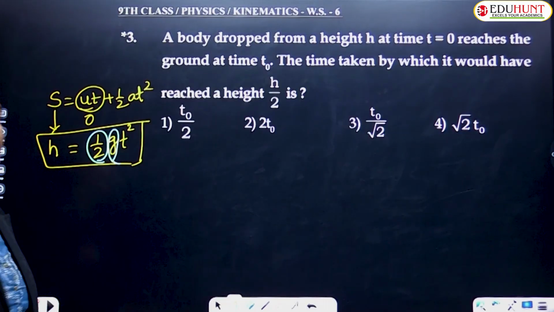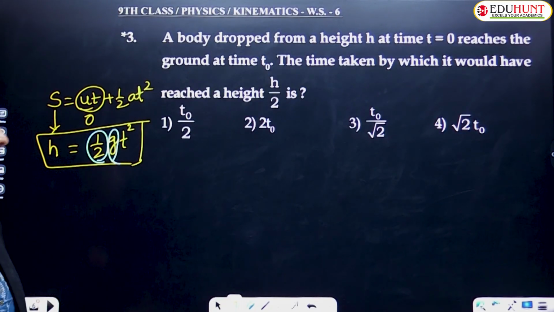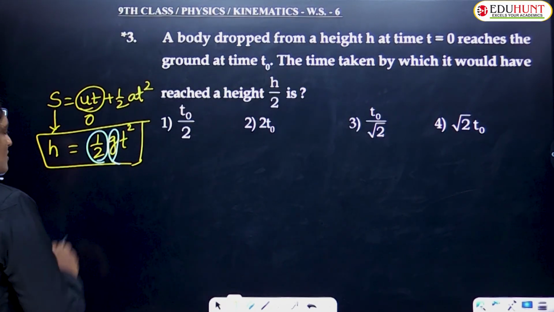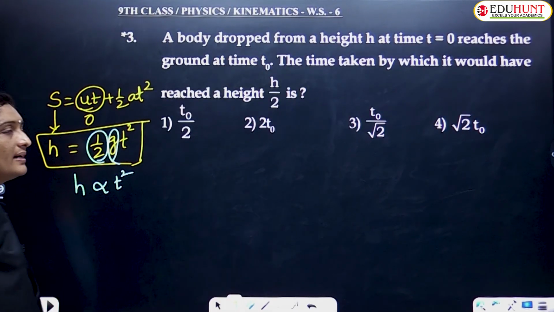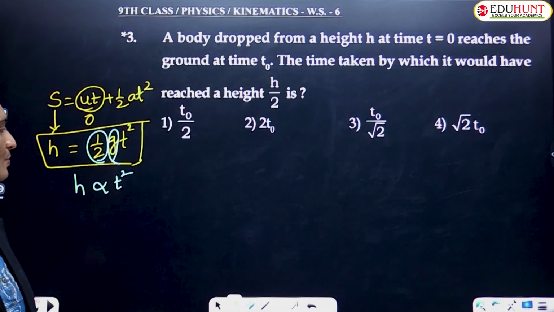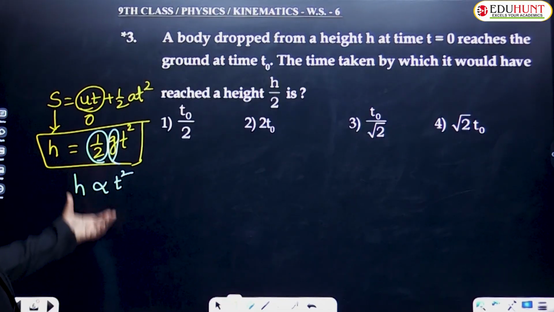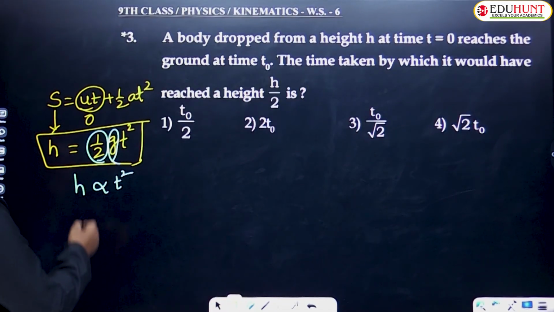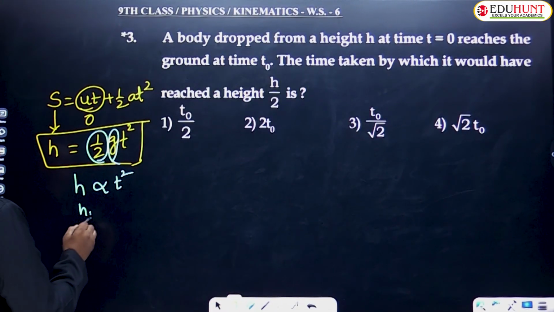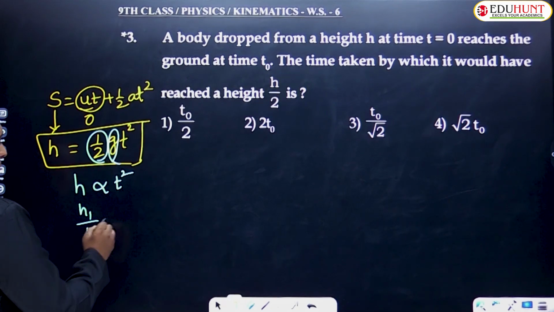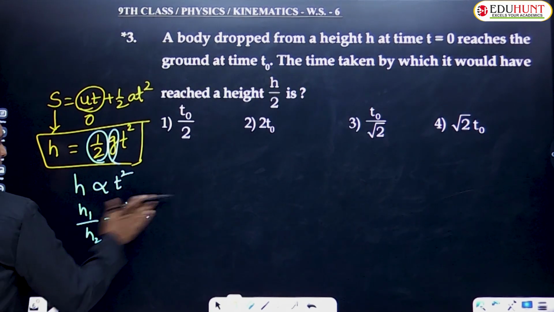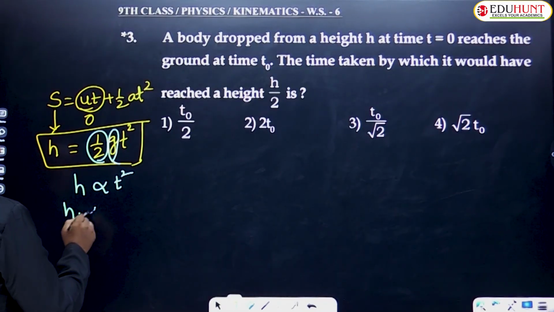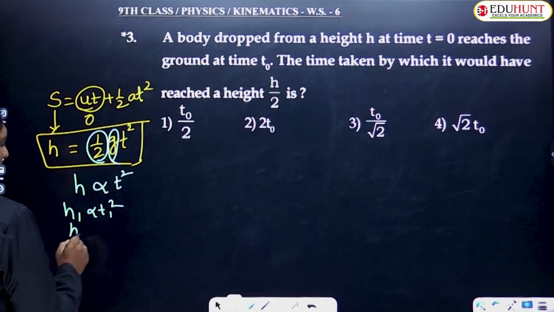A minus b whole square can be written as a square minus 2ab plus b square. A square means n square, minus 2ab, 2 into n into 2, that is 4n, plus b square, that is 2 square, that is 4, whole thing is 120.